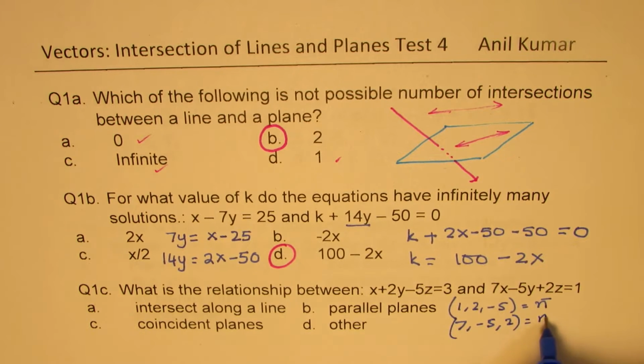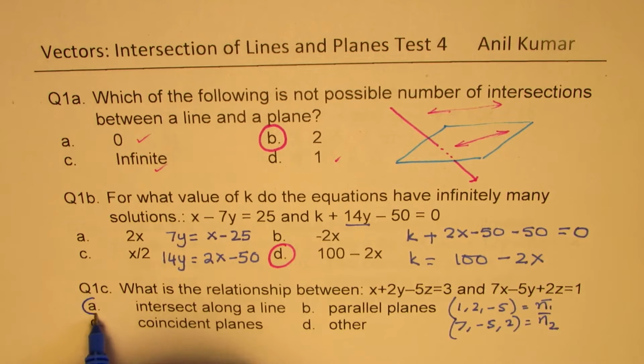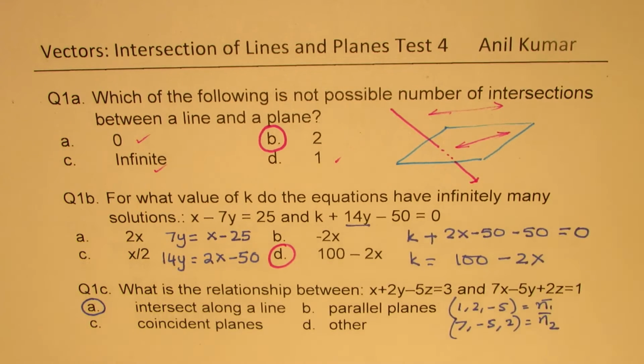So that is the second normal. Now n1 and n2. As you can see, these normals are not parallel, and therefore these planes will intersect. And the intersection of these planes will be a line, right? So they will intersect along a line. That becomes our solution. Is that clear to you, right? So that is how we're going to answer this.